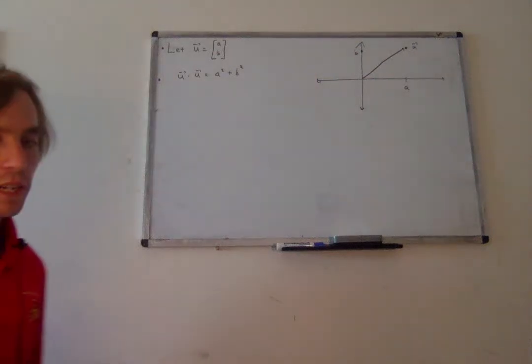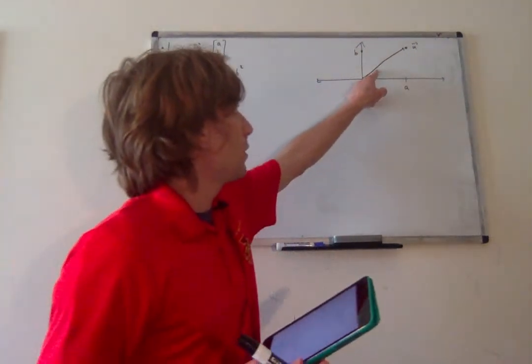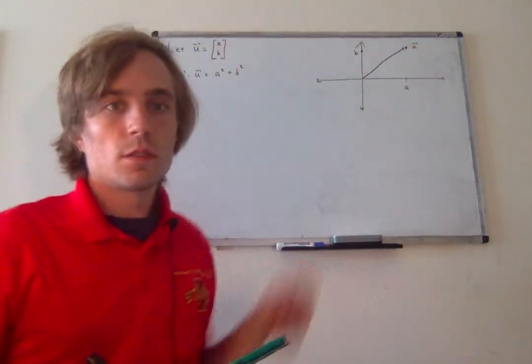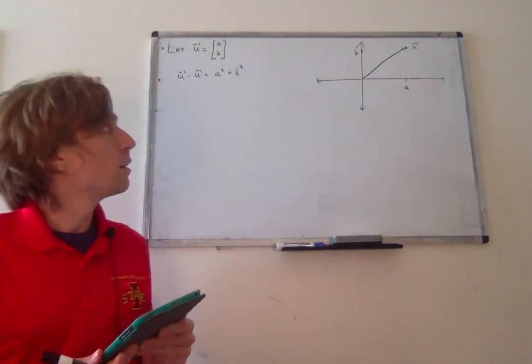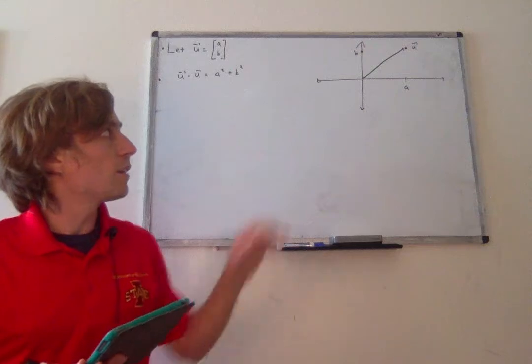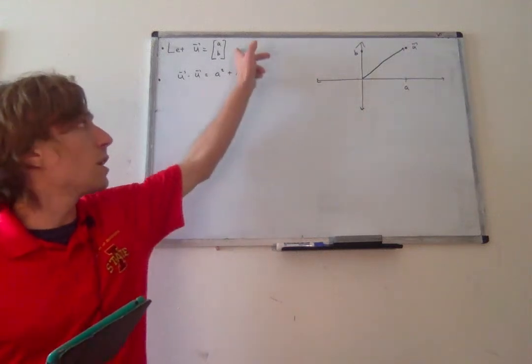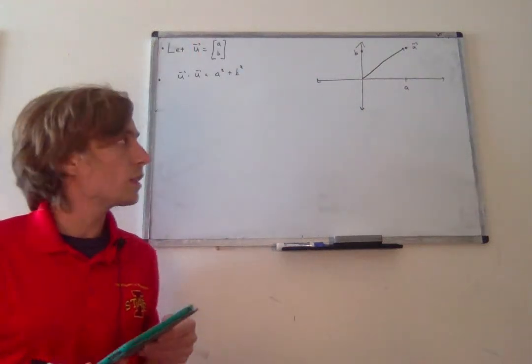What if I wanted to find the length of this line defined by u? How could I do that? If I just had this picture and the knowledge that u was defined by the coordinate AB.